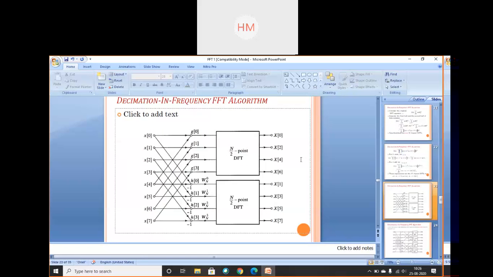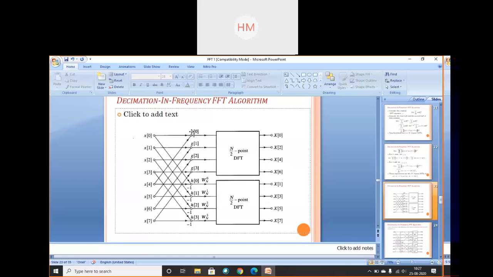Now decimation in frequency FFT algorithm. All the input sequences you have to mark in sequence. So it is exactly the reverse of decimation in time. In decimation in time, we had these as inputs, you can see x0, x2. Bit reverse order was the input and output was in sequence. Here our input is in sequence and first you have to divide them into half.